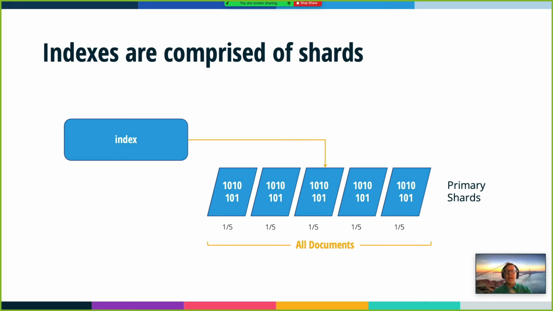When I set, for instance, 5 primary shards, my data is distributed randomly by default across those 5 shards. OpenSearch also supports replication, as do many other databases, but the replication happens within the index. I've created an index in this slide with 5 primary shards. I can add one or more replicas, which will be full sets of those primary shards.